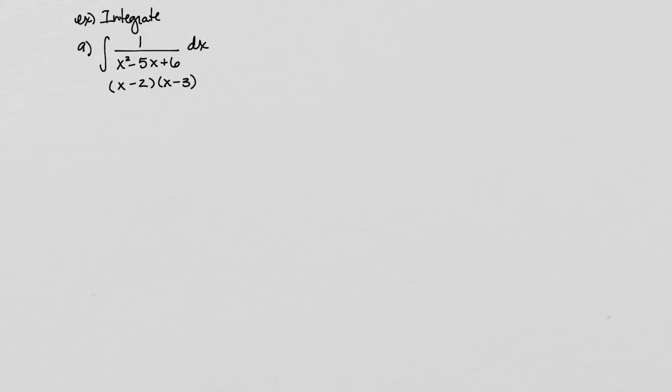So I have two different linear factors, and they're only both raised to the first power. So the fractions that I'm going to get are, so my original fraction, 1 over x squared minus 5x plus 6, we're going to need A over x minus 2 plus B over x minus 3.